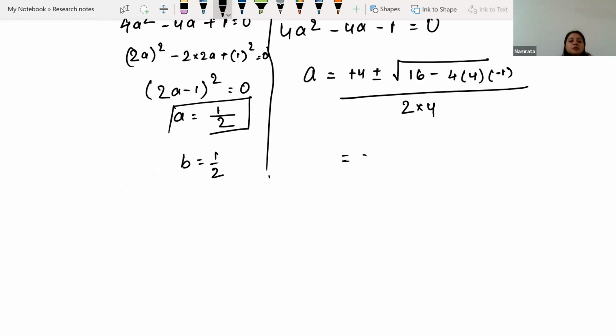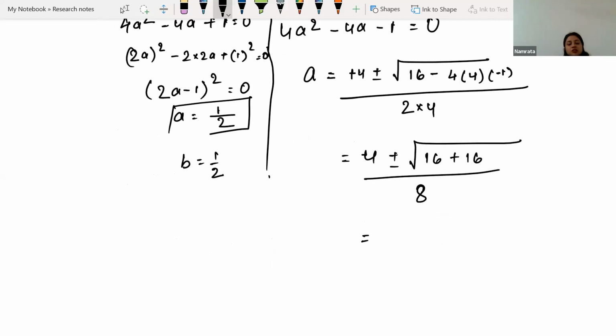So 4 plus minus under root 16 plus 16 divided by 8. Are you getting it? Do you know this formula? Yes, ma'am. 4 plus minus root 32 divided by 8. That means 32 means 2 to the power 5.